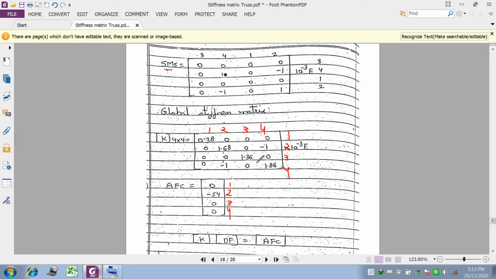Then the next type of numerical has lack of fit problems. Lack of fit is nothing but a case where a truss member has a length, and by default it may be too short or too long while manufacturing.